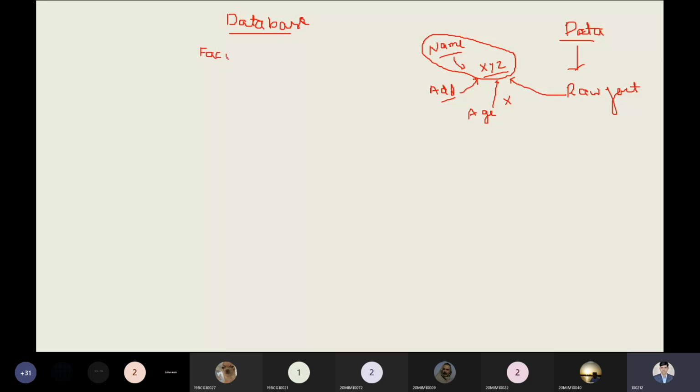I'm writing faculty here, please excuse my bad writing. First the employee number, next the employee name, date of joining, and contact number.